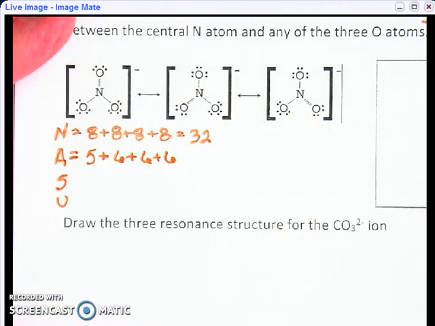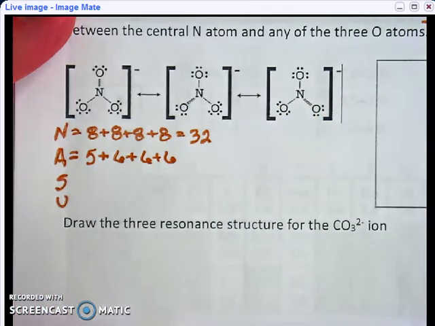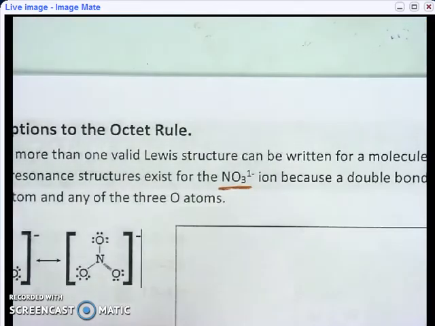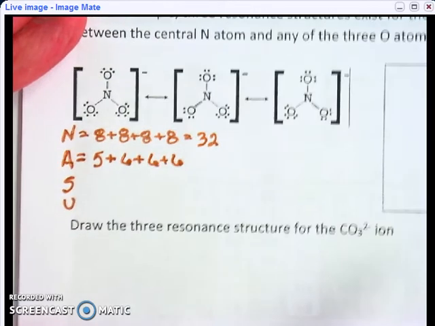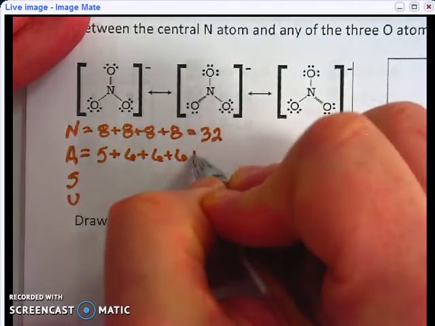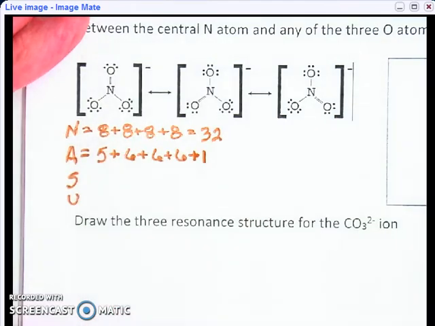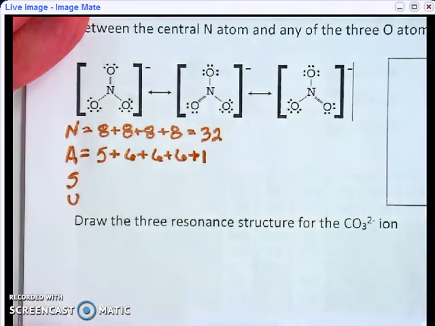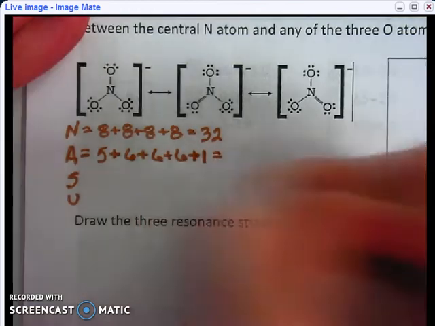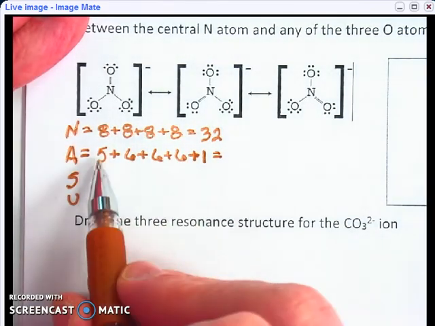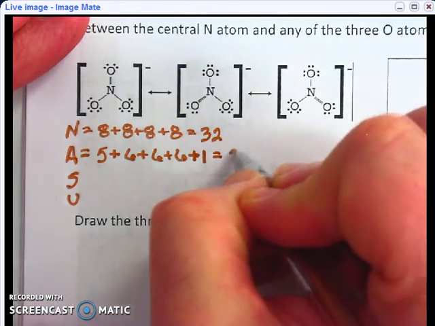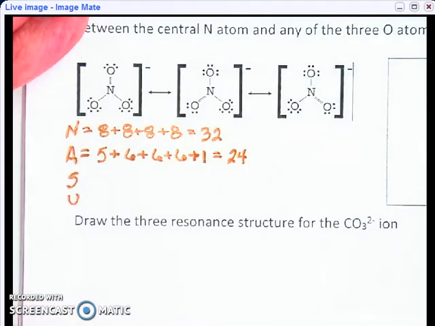And then remember, if it has a charge, and this one has a -1 charge, this is where we factor that in. If it's negative, it gained an extra electron. So our total would be 18 plus 5 is 23 plus 1 is 24.